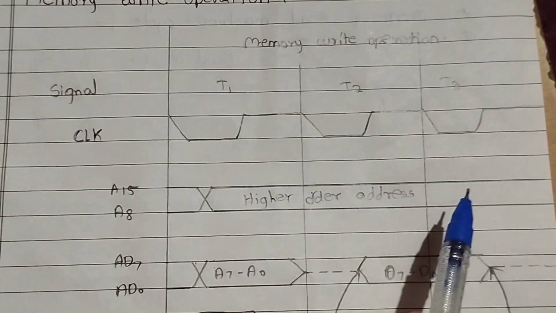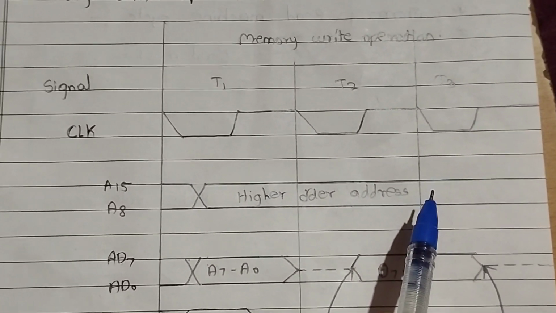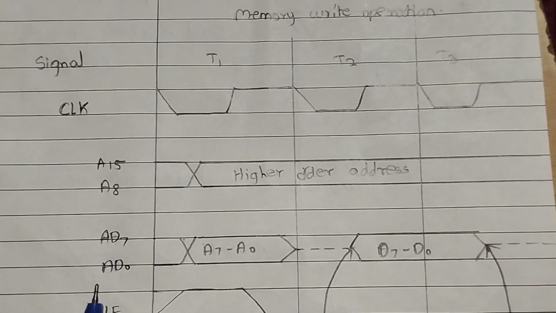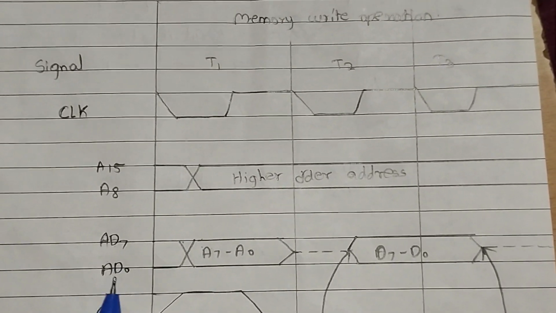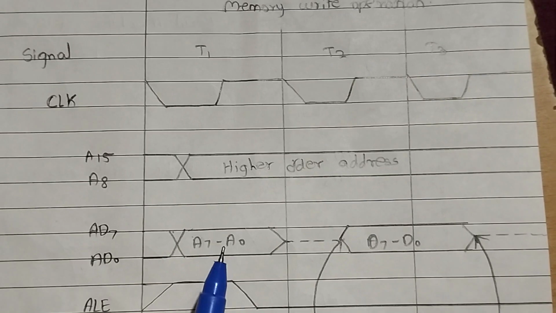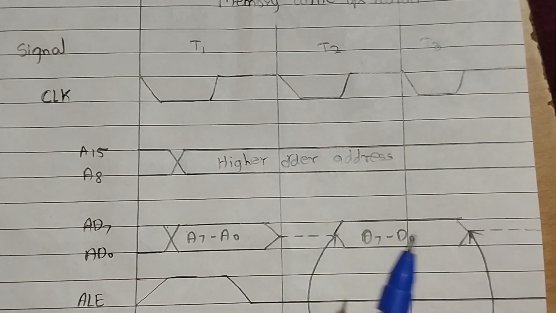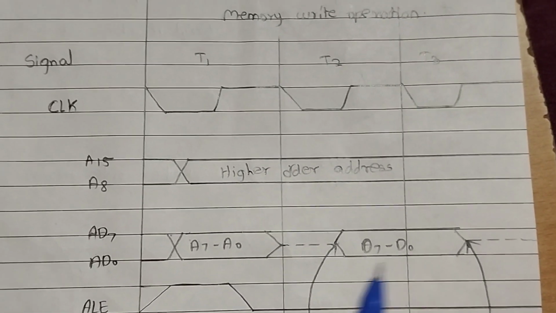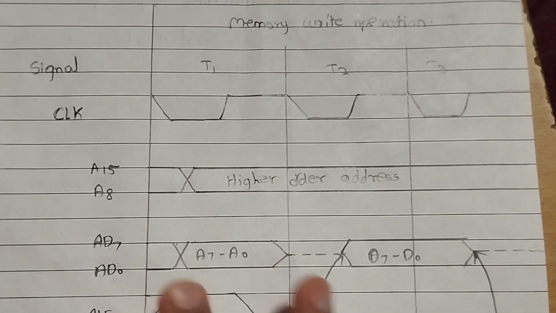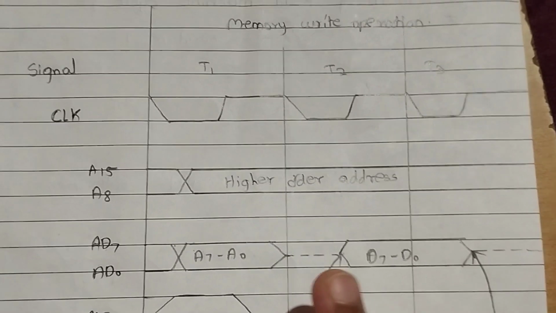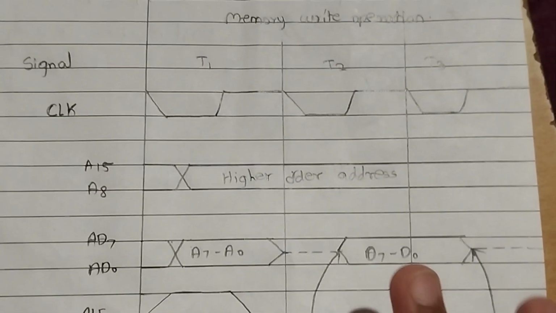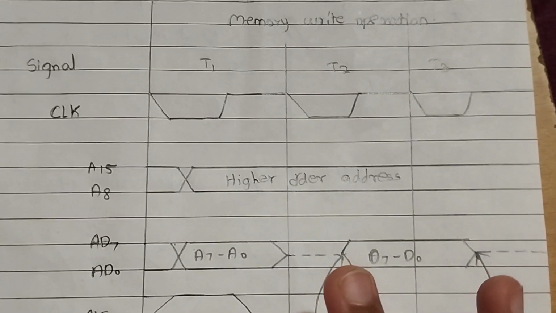Hold the column for the higher order bits. But AD7 to AD0 is multiplexed, meaning the address and the data are separate. For that, only one T state is used for the address, and from the next half of T2 to half of T3 we store the data.